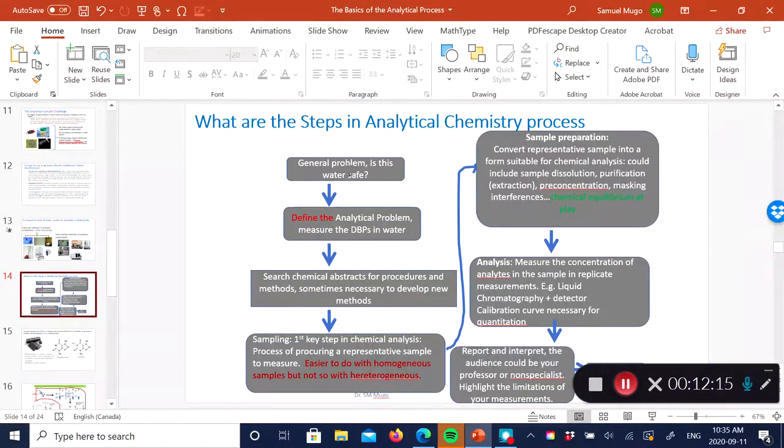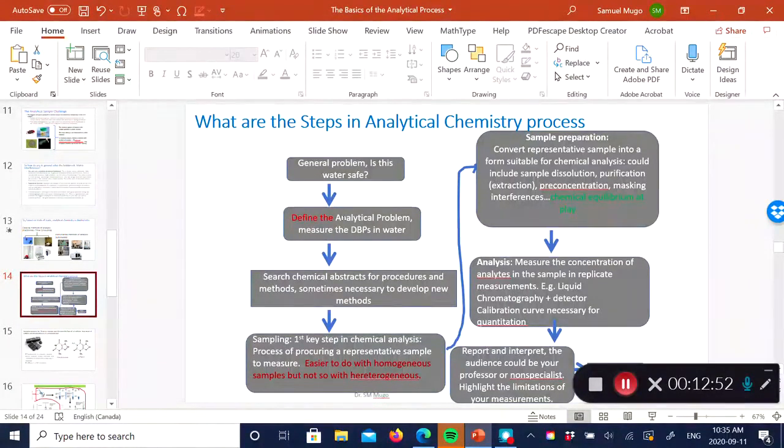And so when they bring that problem to you as the chemical analyst, you will have to define that problem scientifically or analytically. So the residents are looking, is the water safe? But as a chemist, you have to think what's potentially present in water that is an indicator of water safety. Are there contaminants in the water? Well, are those contaminants heavy metals, meaning, are they inorganic or are they organic?